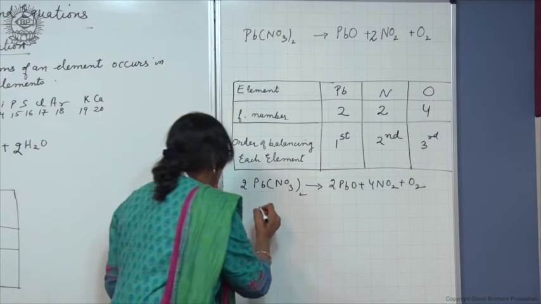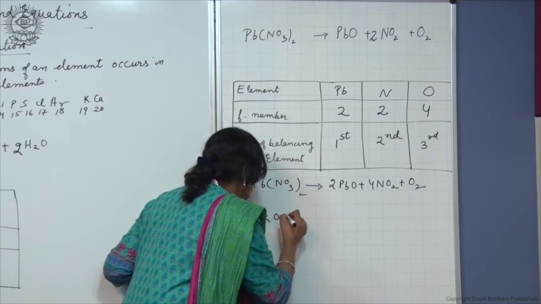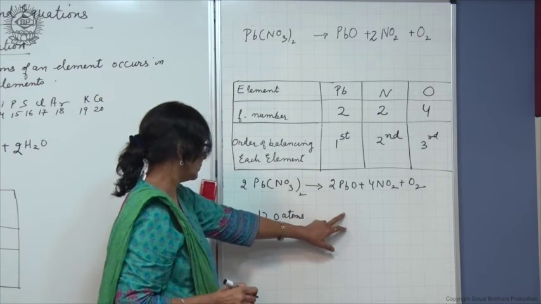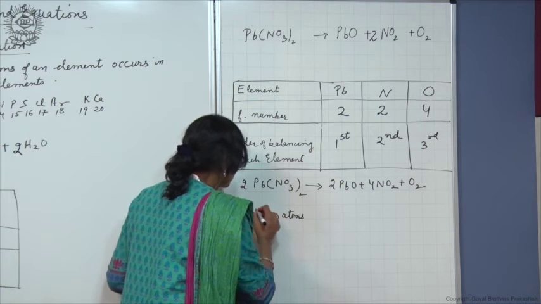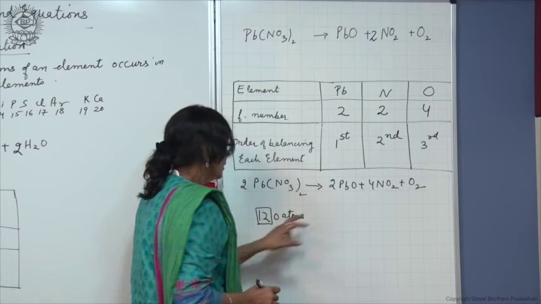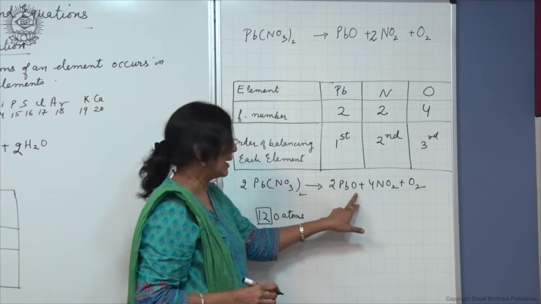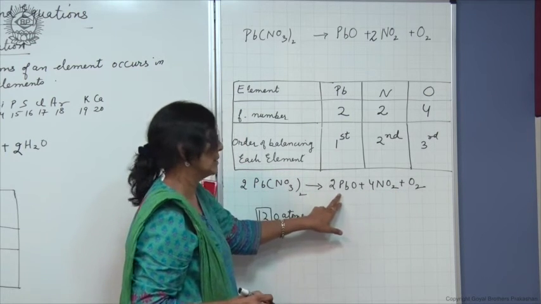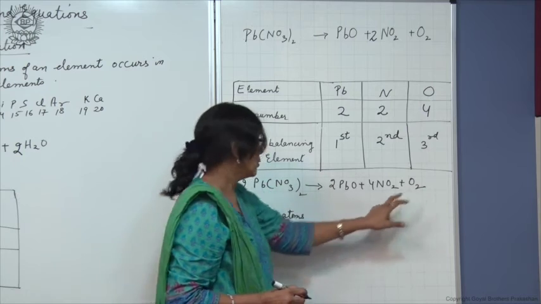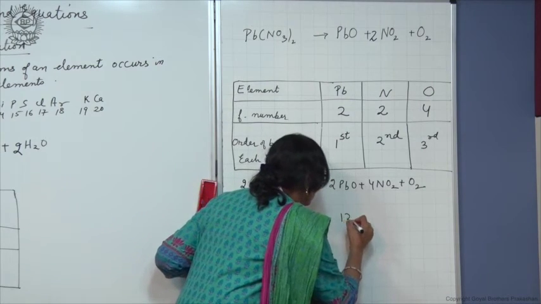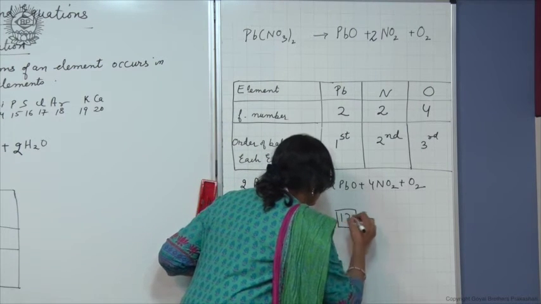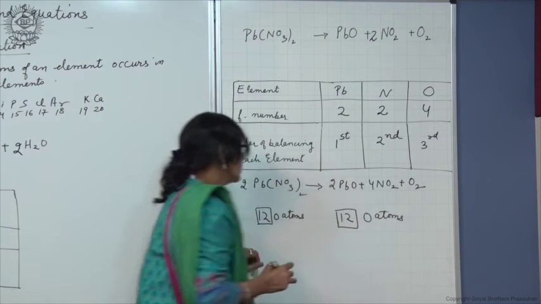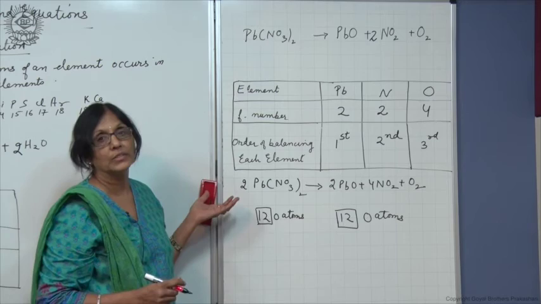So, on this side there are 12 oxygen atoms. On the other side, 2 oxygen atoms, and here 4 twos are 8, 8 plus 2 is 10, plus 2 is 12. So, on this side also there are 12 oxygen atoms. So, we can see this equation is balanced.